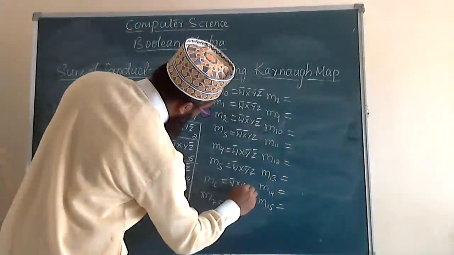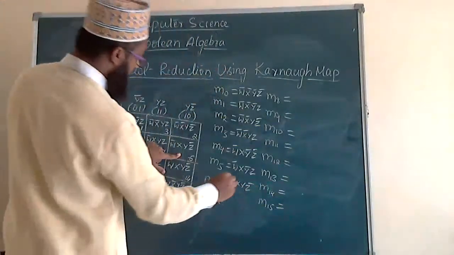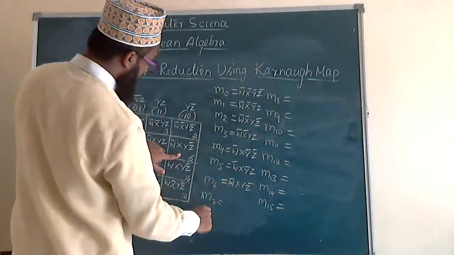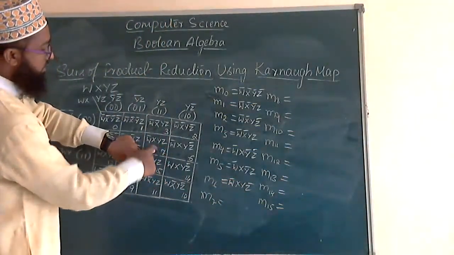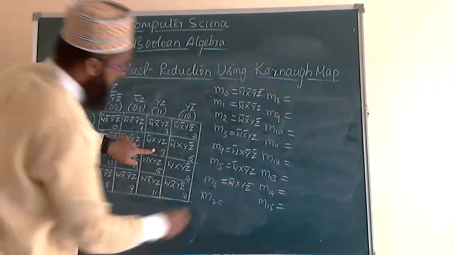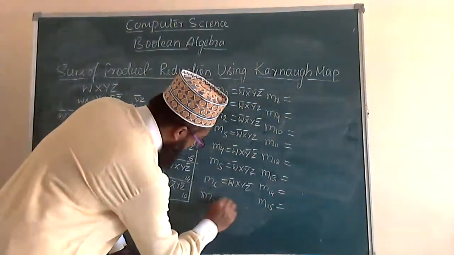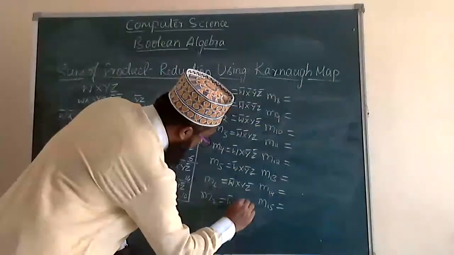Then for m7 come this side because 7 is here. This is m7. Write down here w bar x, y z.